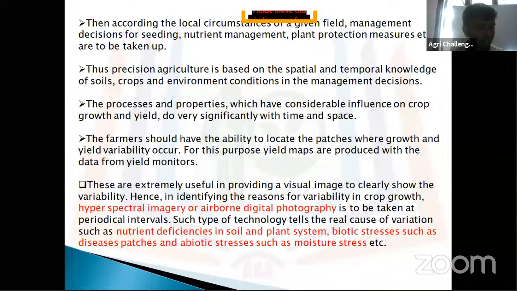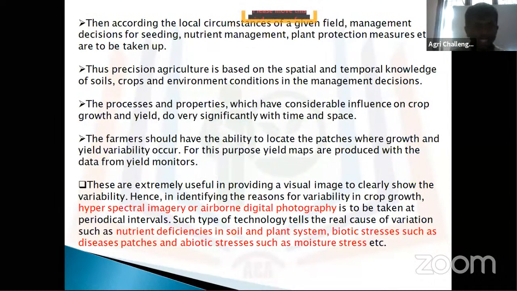You have to carry out your recommended practices based on your local circumstances. Management decisions for seeding, nutrient management or plant protection measures are to be taken based on your field level circumstances.